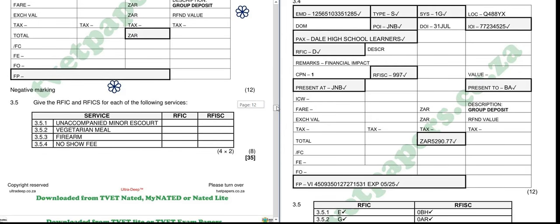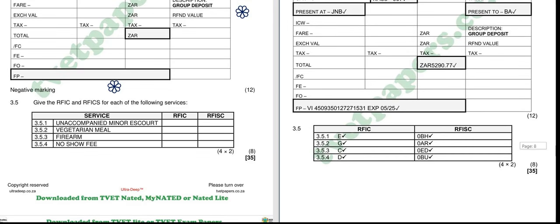Then moving on to our 3.5: give the RFIC and RFISC for each of the following services. These are our responses for 3.5.